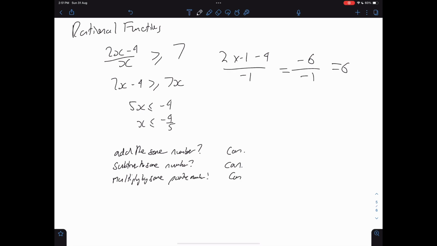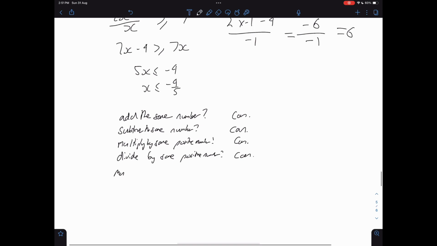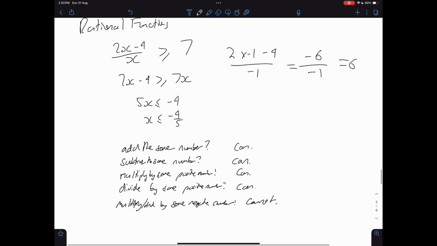Can. Divide by the same positive number? Can. Multiply or divide by the same negative number? Cannot. If you do that, you must reverse the sign.